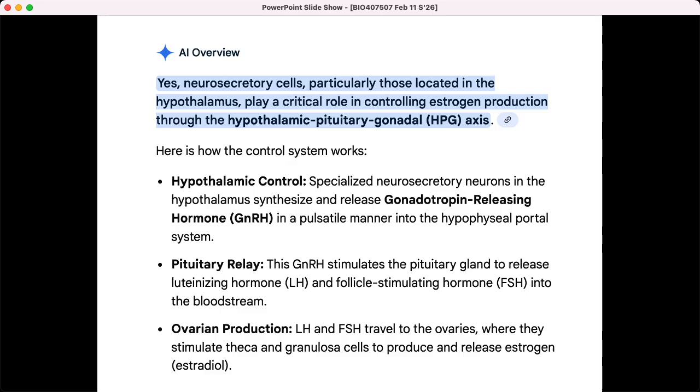I just want to talk about neurosecretory cells because they are very often regulating hormones. So here I just did an AI overview to ask, do neurosecretory cells affect hormones? Yes, they affect hormones. And so I just want to describe the nervous system.